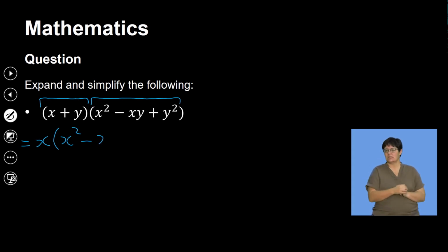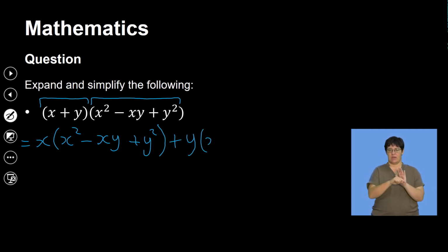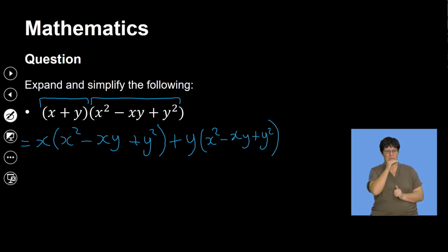It is the same as x into x squared minus xy plus y squared, and then plus y into x squared minus xy plus y squared, right? So this is what the distributive law is all about. And then you start multiplying what is outside with what is inside the bracket.